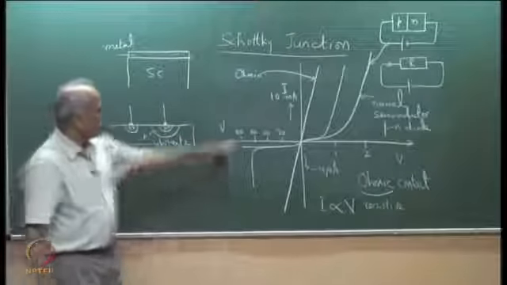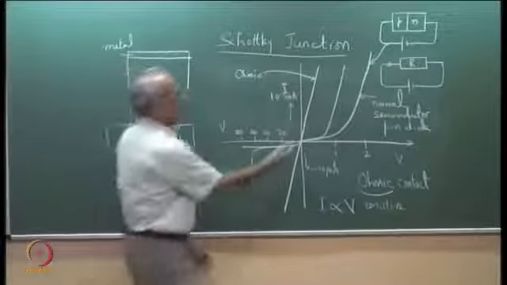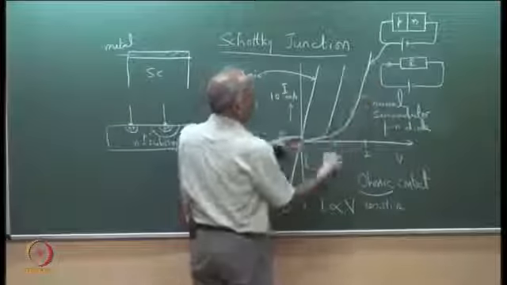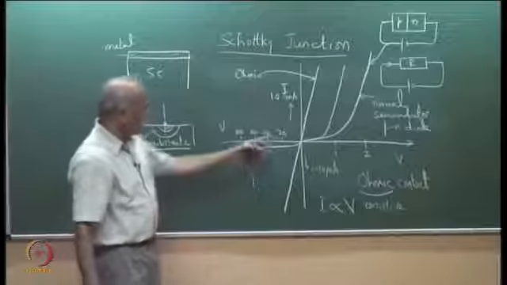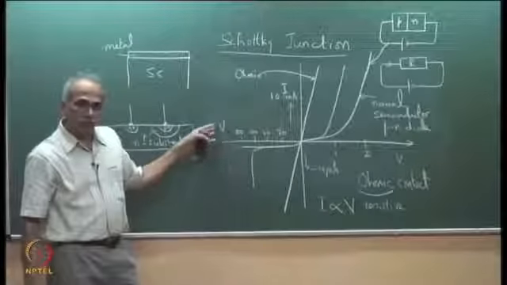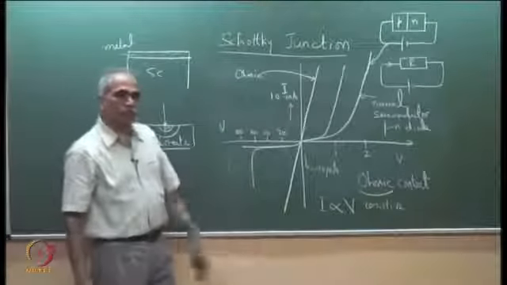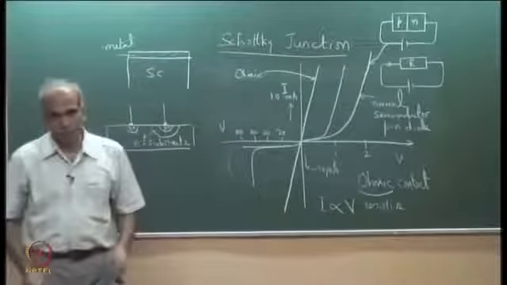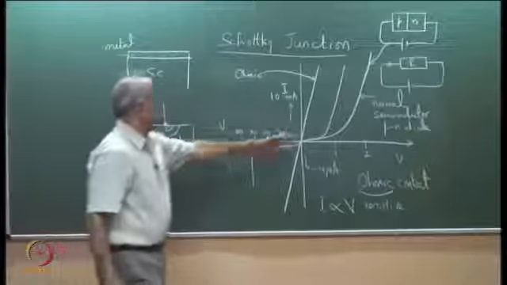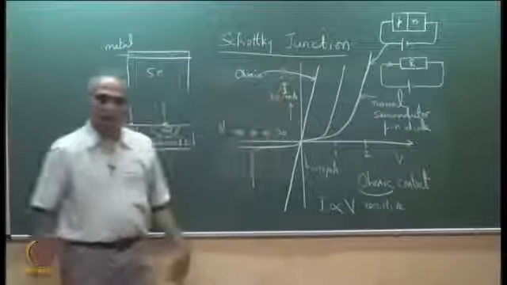You can clearly see that the forward flow is very easy. A small voltage gives you tens of milliamperes. Here, even if you apply tens of volts as reverse bias, your current is only tens of microamperes.